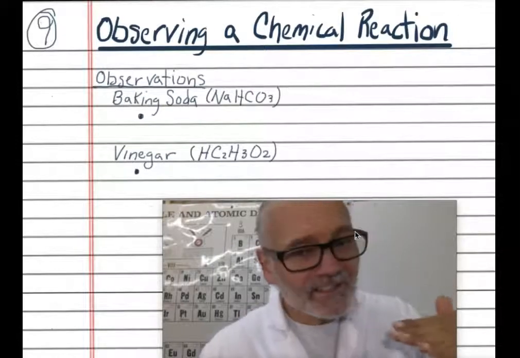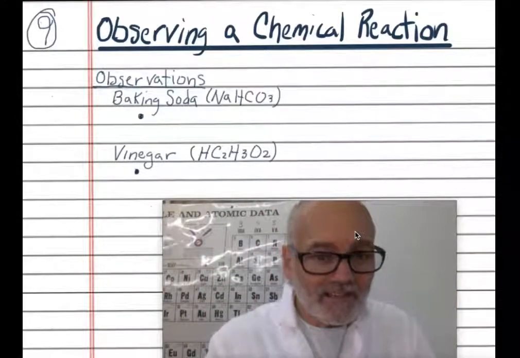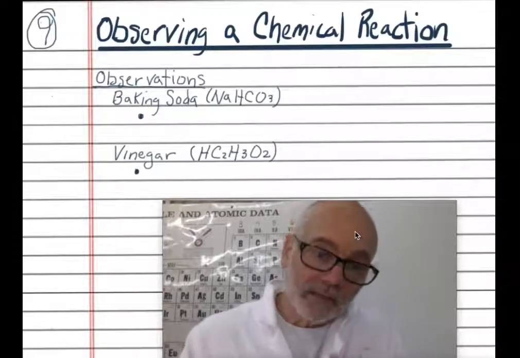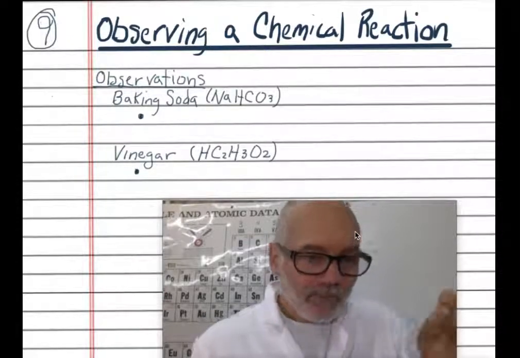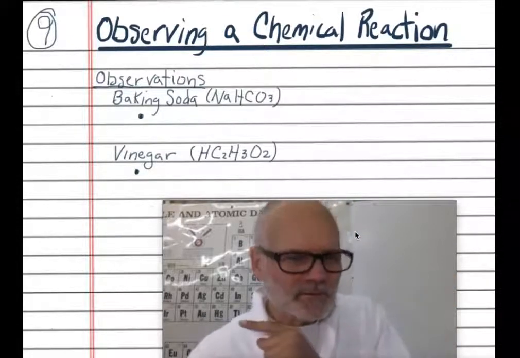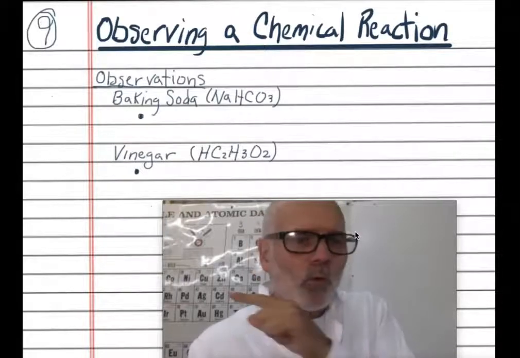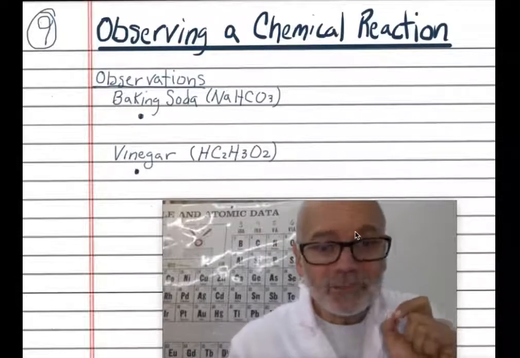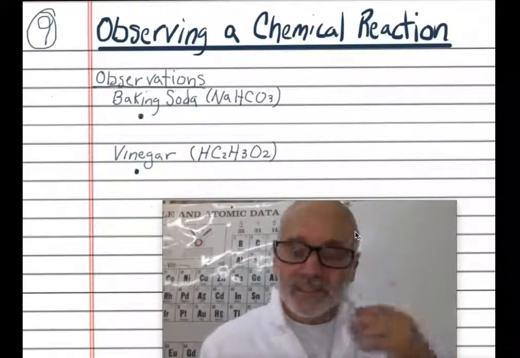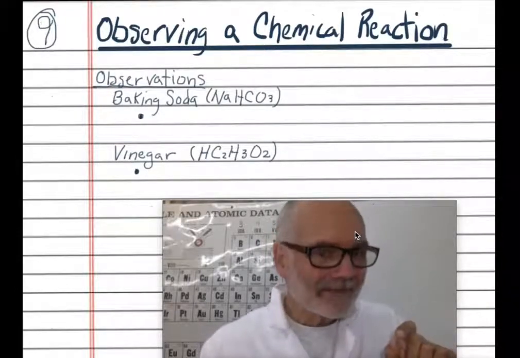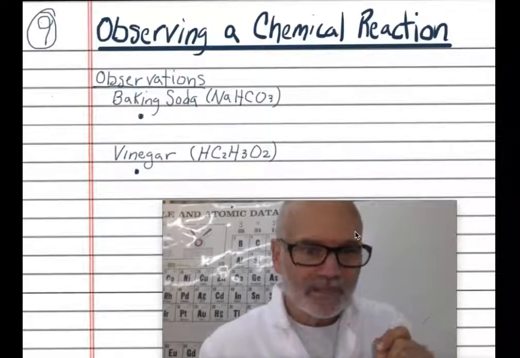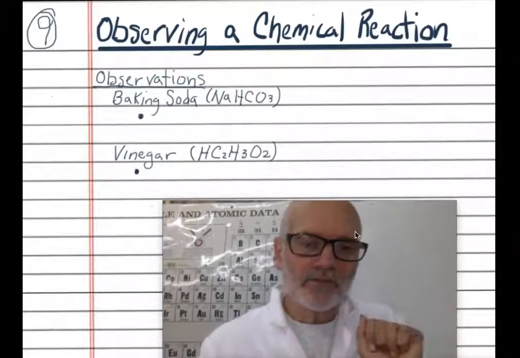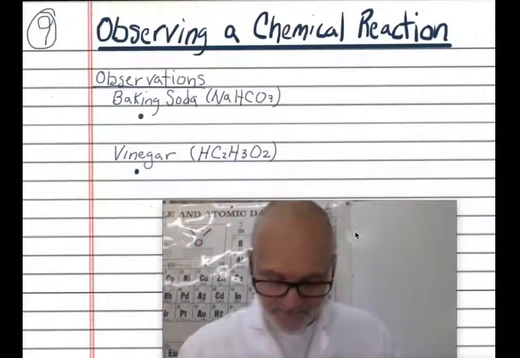Observations: baking soda, in parentheses, NaHCO3, which is the chemical formula for baking soda, and put a little dot there because we're going to take some observations. We won't have very many. So just one line, skip a line. Vinegar, HC2H3O2 is its chemical formula, and put a dot. Okay, a bullet point. And then pause the video, do that right now, and come back.